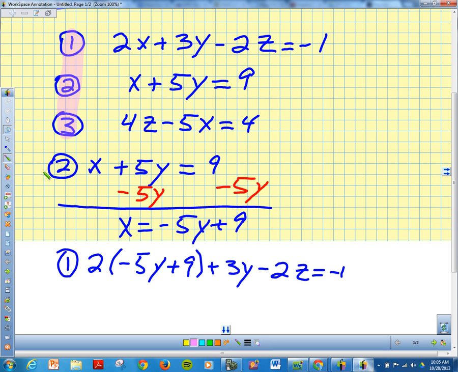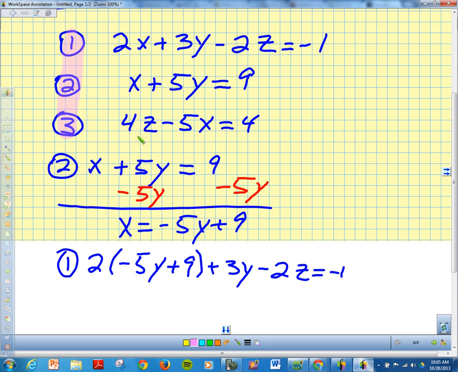So I know which equation I'm dealing with. That's why I'm numbering them. I think it's confusing otherwise. Yep? Why are you doing this? Because it's the easiest variable to solve for, because the x is just x. I could solve for z right here, but then I get nasty fractions, and it's just horrible otherwise.